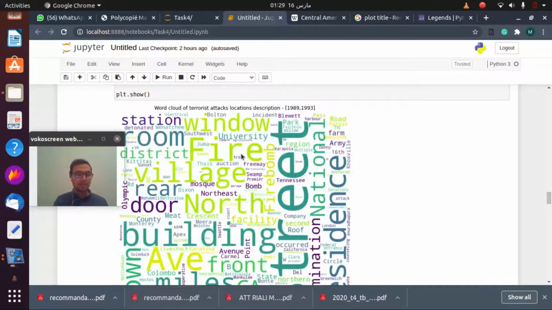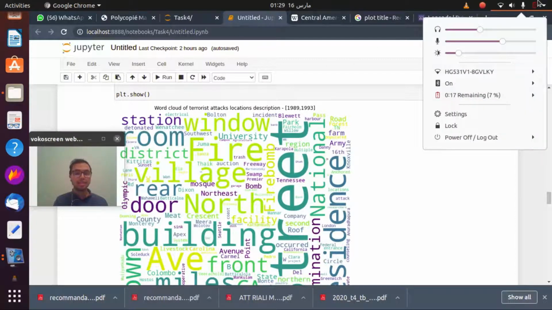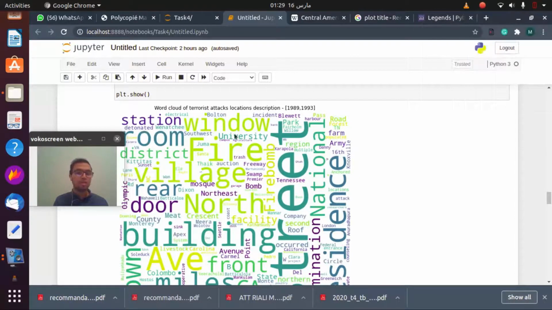So here we have a word cloud that is similar to the first one: station, window, fire, village, north, building, street, nation, national, army, farm, etc. So this was like wars of liberation and occupation more than some terrorist attacks.